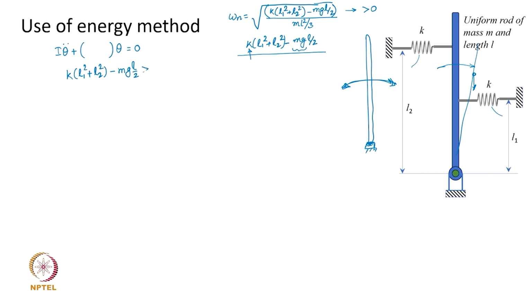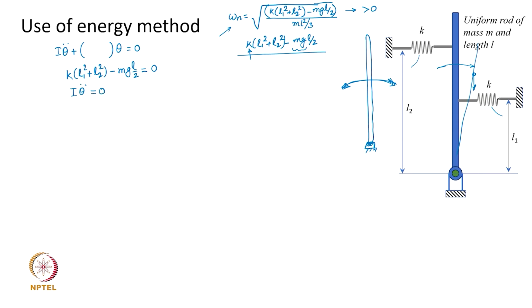If this expression is greater than 0, then we know it is going to be an oscillatory system with the natural frequency as given by this, no problems for that. But if this term is equal to 0, then what we get is I theta double dot equal to simply 0, right.